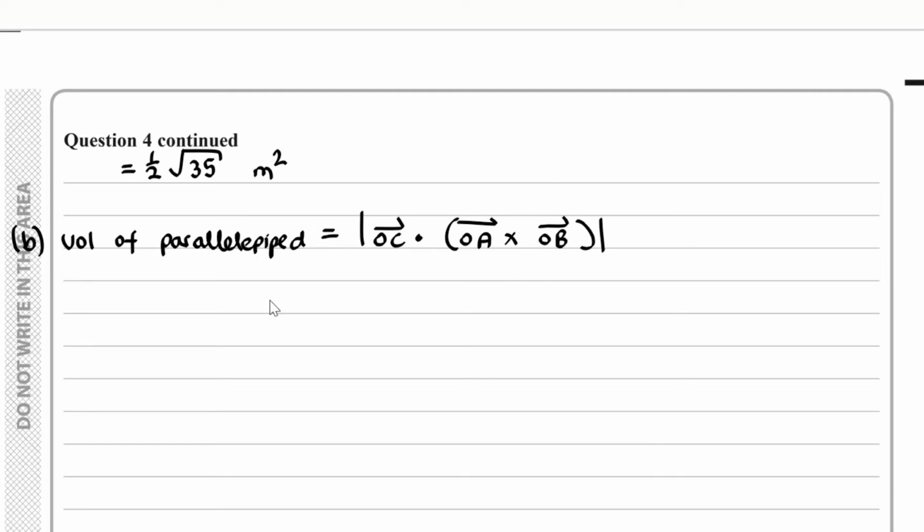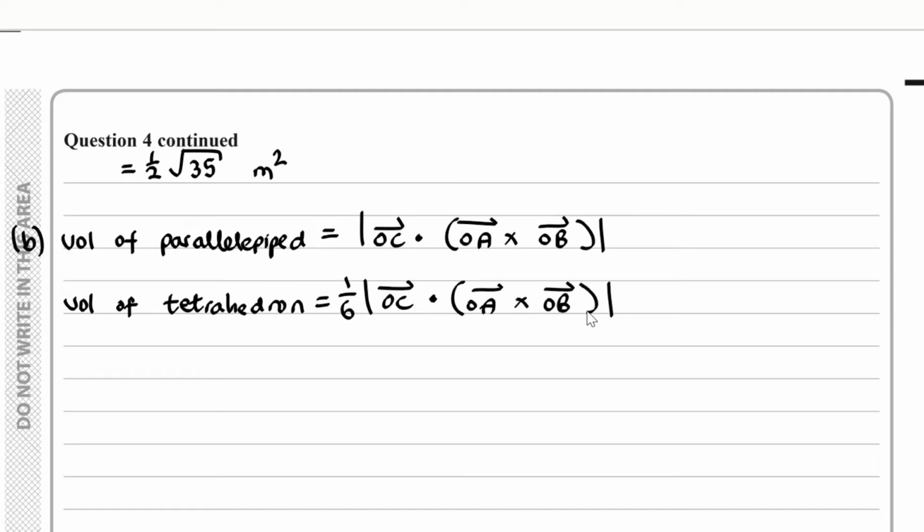And the volume of a tetrahedron is equal to 1/6 of OC dot product with OA times by OB. If we work this out, we have 1/6 lots of OC.